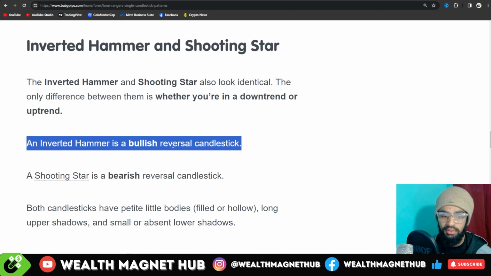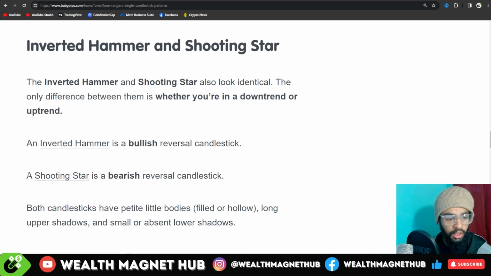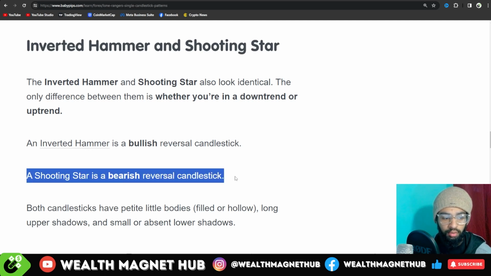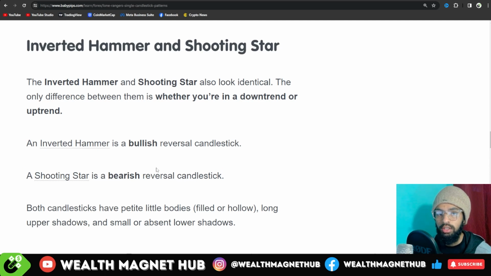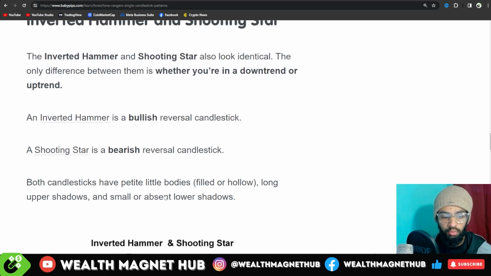That means if the price is initially going down and we see this candlestick, we can predict that the market will reverse and push to the upside. But a shooting star is a bearish reversal candlestick. So if we are in an uptrend and we see a shooting star, the market will reverse and we will start heading to the downside.